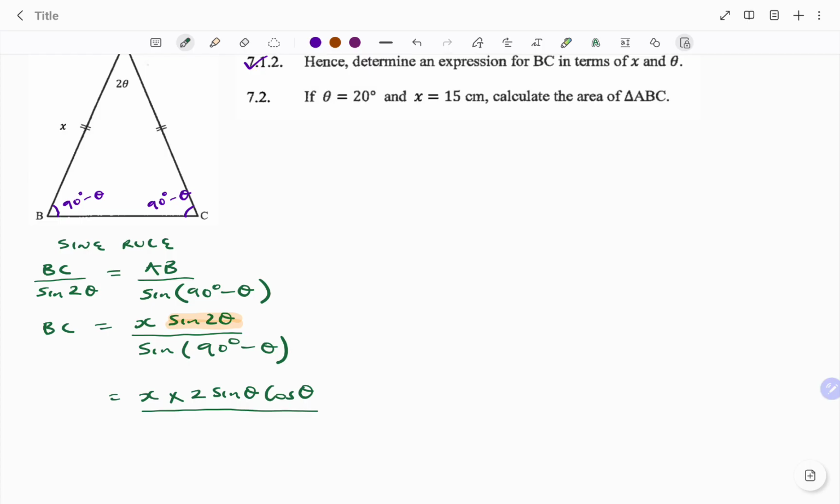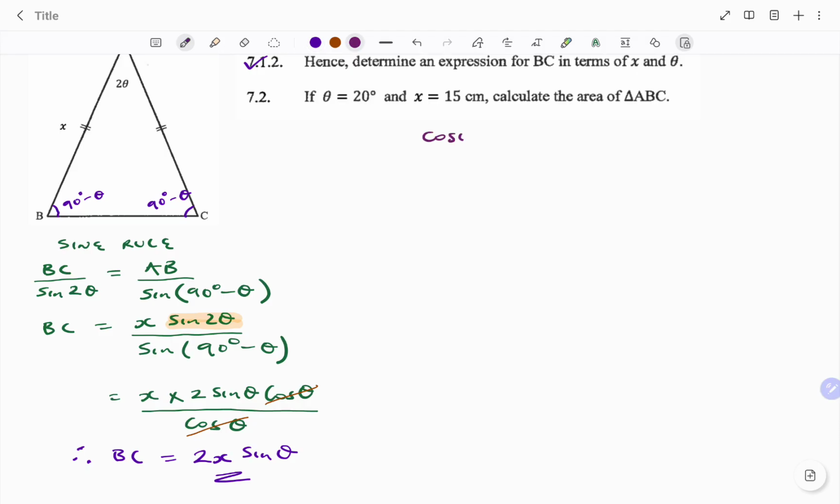So it's sine 90 minus theta will give me cos theta. And if I simplify, I have cos theta cancelling cos theta. Therefore, the line BC is equal to 2x sine theta.